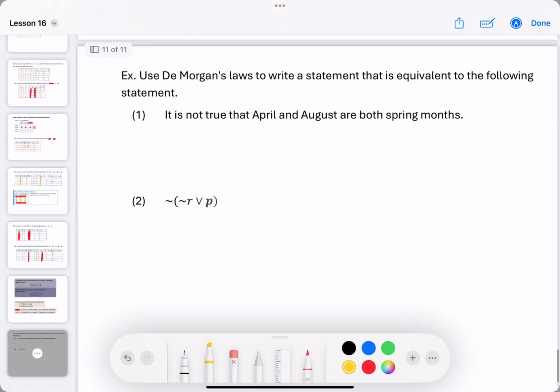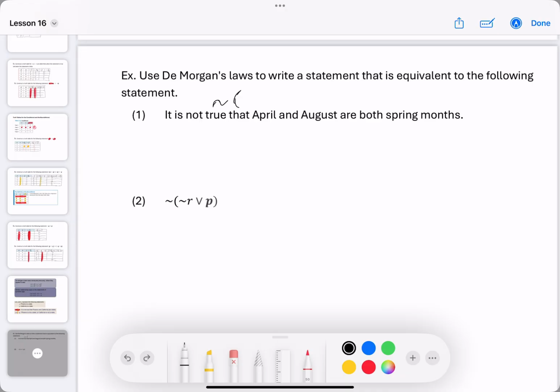Okay, let's practice another two examples. Use the De Morgan laws to write a statement that is equivalent to the following statement. The first one is the word problem. It is not true that April and August are both spring months. Okay, so you see this is a negation of the statement.